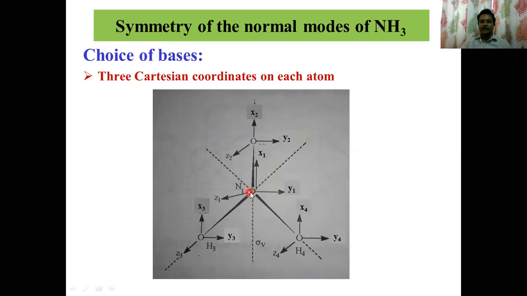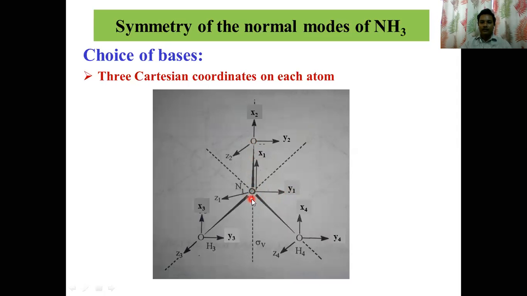Now Z is decided along C3, so the XZ plane should contain the maximum number of atoms. So if I take one of the hydrogens, automatically this goes to the y-axis, and therefore one of the NH bonds is on the XZ plane, right? So that is the choice of coordinates we are going to use.